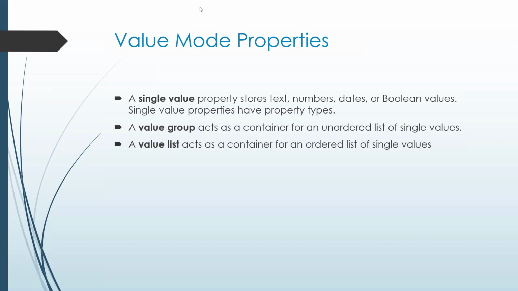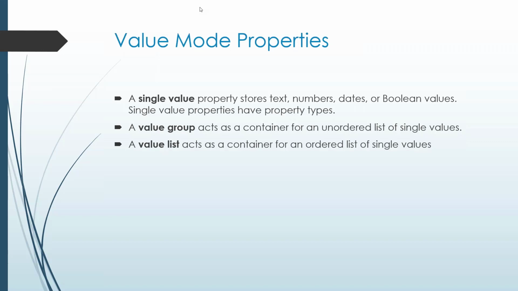It doesn't have any correlation with others, or if you want it as an individual entity, you define it as a single valued property. The ones that we have created so far are all single valued properties because we did not establish any relationship between them.